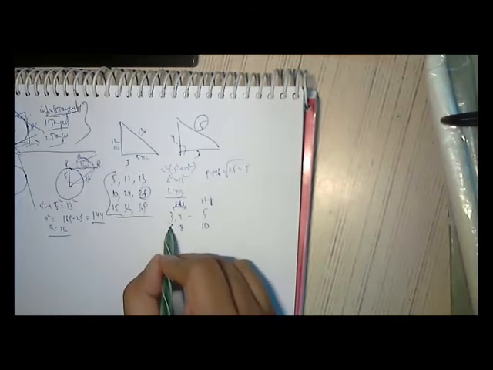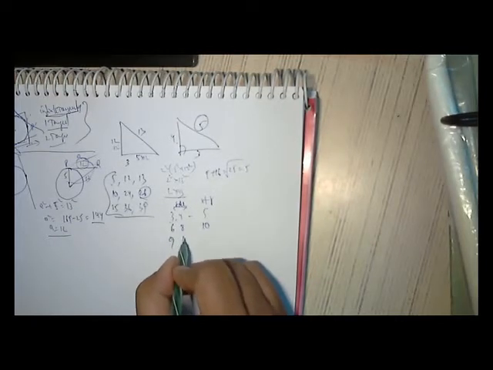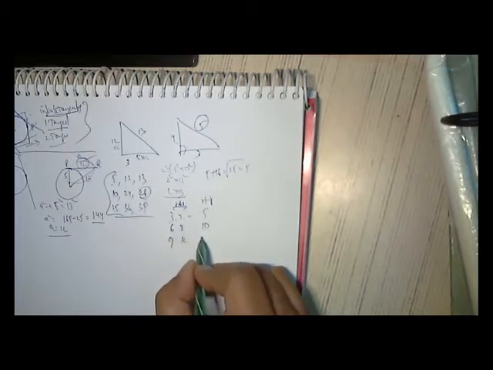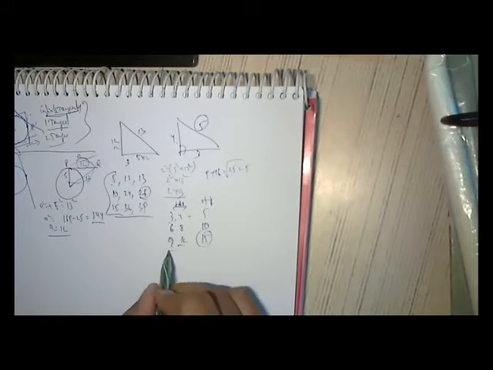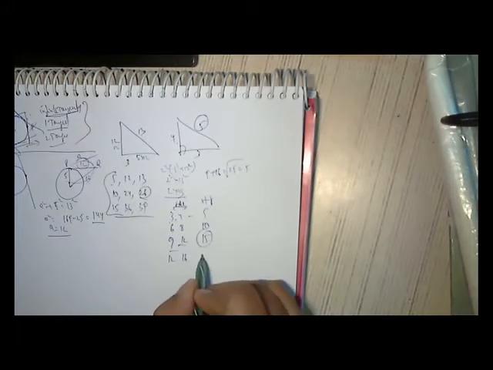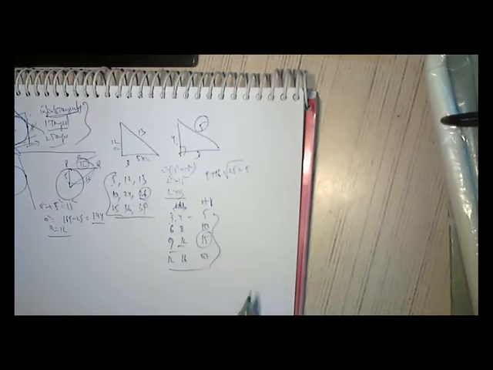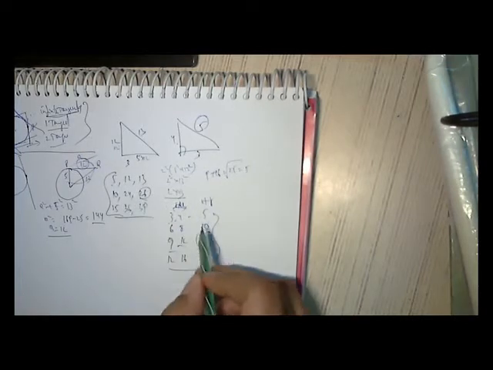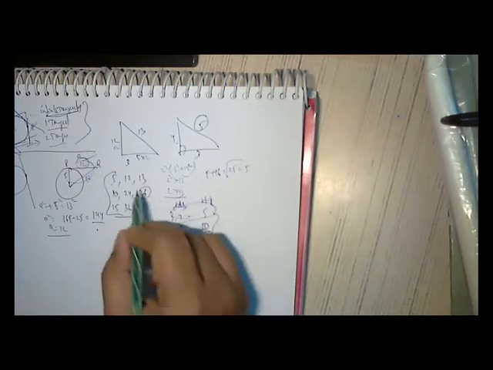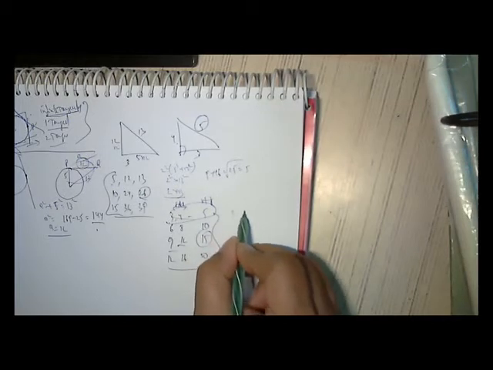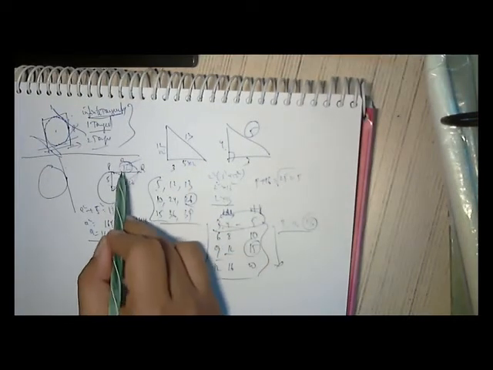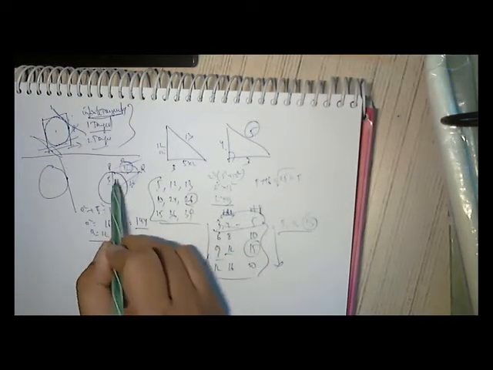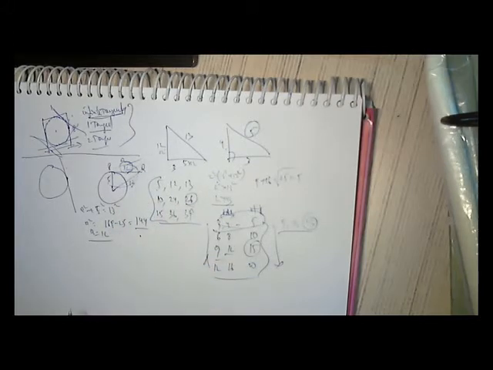Or if I multiply with 3, 9, 12, 15. If I multiply with 4, 12, 16, 20. These are the sets of right angle triangles. You can go on multiplying. So that is why I could straight away put 12, because I know 13 square minus 5 square is 12 square. This is part of the set.